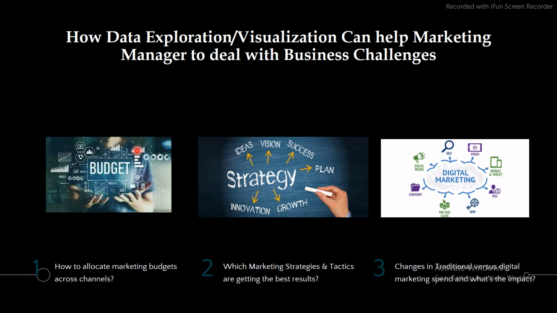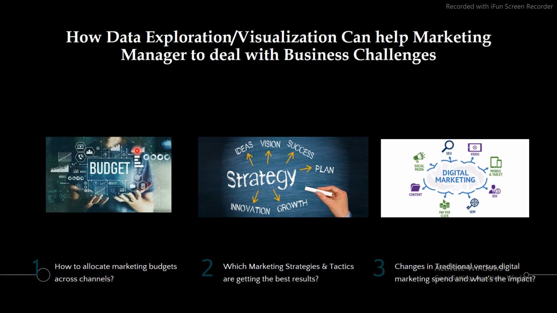Okay, so which marketing strategy and tactics are getting the best results? Once you have data, visuals and different narratives, a different story with you, then it's time for you to look for a different strategy.